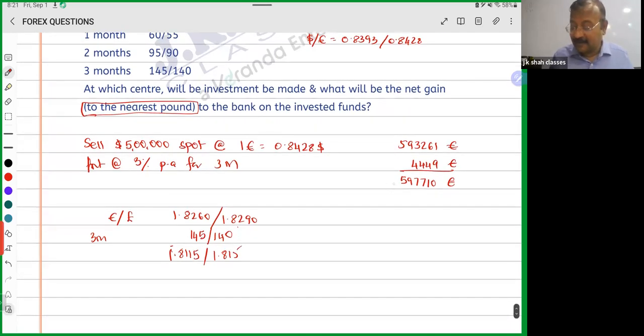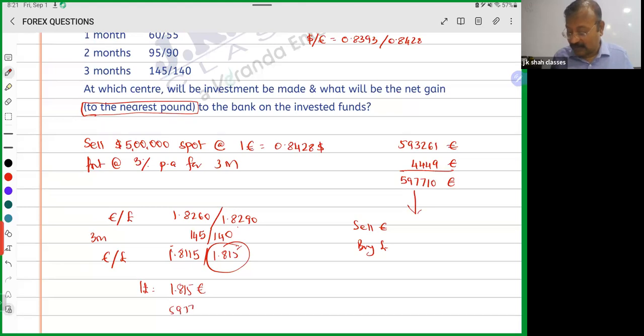Right? And here I am going to sell euro to get back my pounds. Sell euro, buy pounds. So the rate is 1 pound equals to 1.815 euros. So 597710 divided by 1.815, 329317.